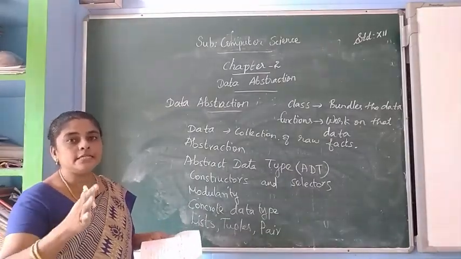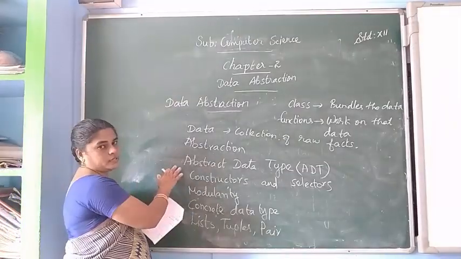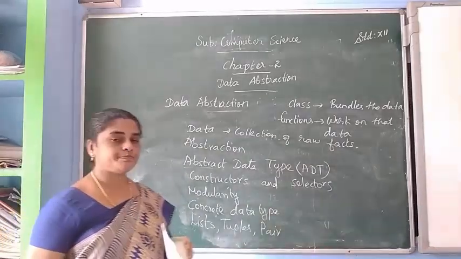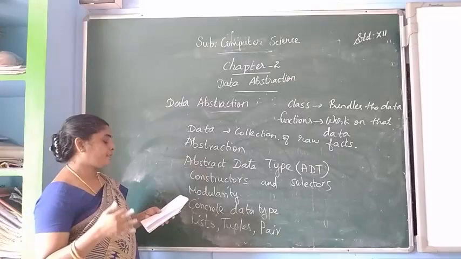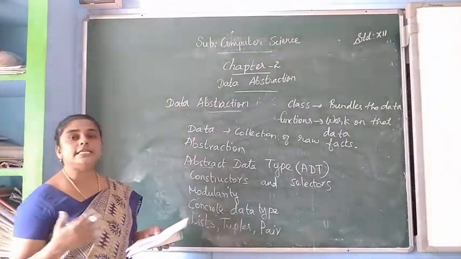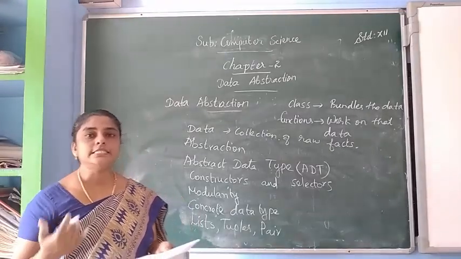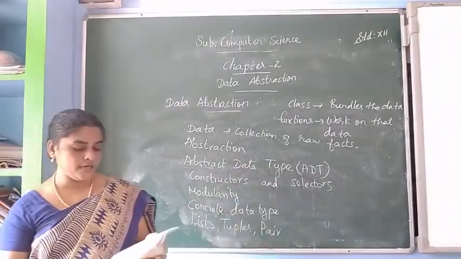For that we are using abstract data type, ADT. What is abstract data type? It is a set of values and a set of operations. That is abstract data type.